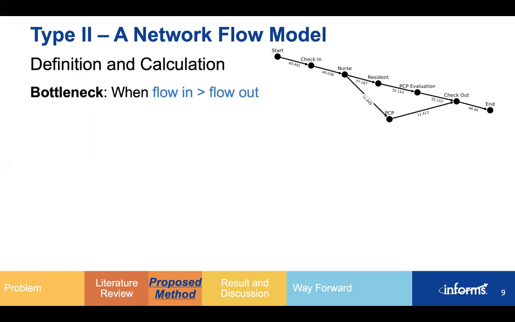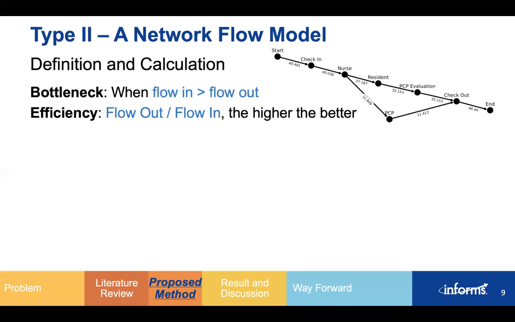When a node's flow in is greater than its flow out in a period, we define it as a bottleneck. Then, if there are several bottlenecks in a network, we deal with the worst one first, or we deal with the one that we can deal with our current knowledge.